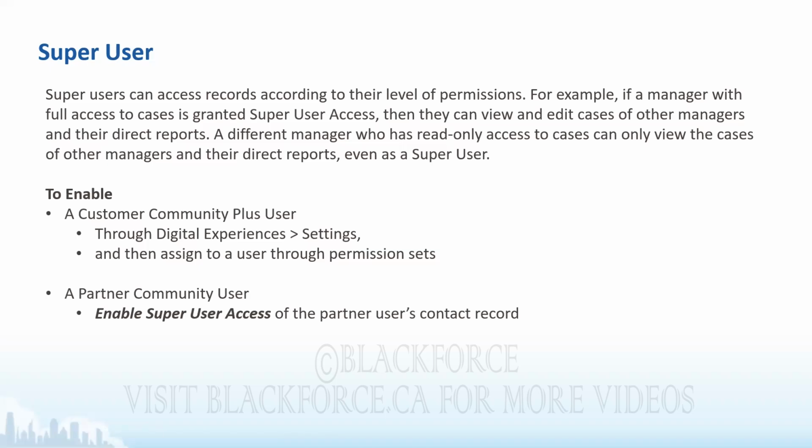Then for the partner community user, you simply go into the contact record. So the person that you want to assign the partner community super user access, you go into the contact record and then you click the button, enable super user access. So we're going to be looking at these two scenarios.